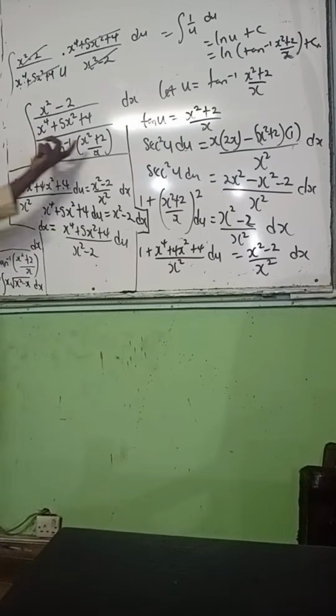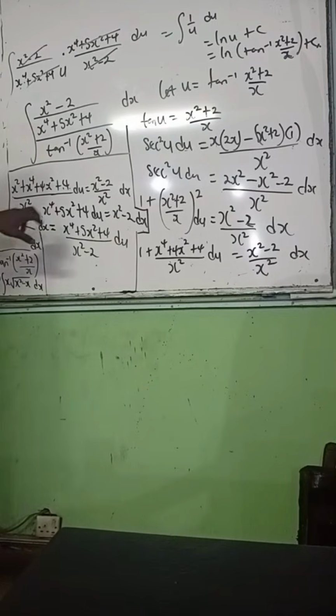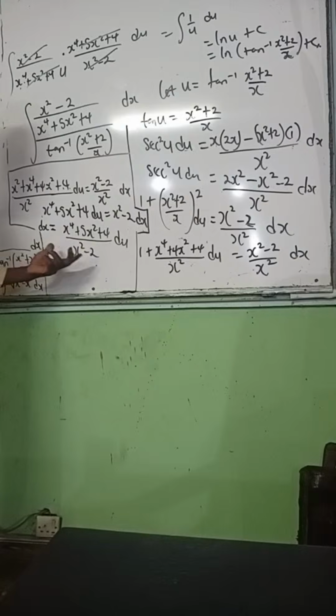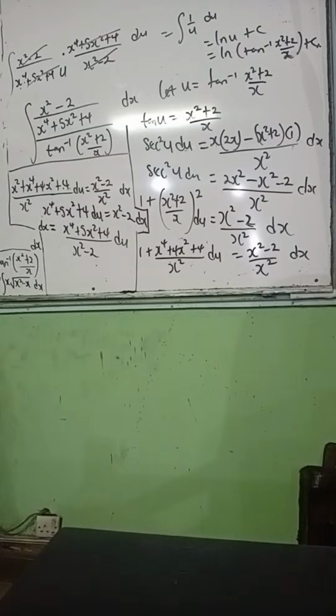Since the derivative of this can be found as the numerator, then our answer is ln of the denominator. But we are not even using that standard. We solve it because we want to enjoy maths, and we solve it like that. If you decide not to do this one, if you make dy over dx the straight formula, you get x squared minus 2 over x to the fourth plus 5x squared plus 4, which is equal to that numerator. Then you get ln of the denominator.